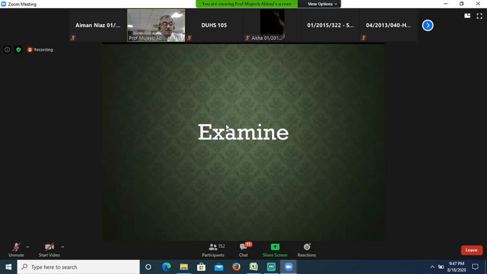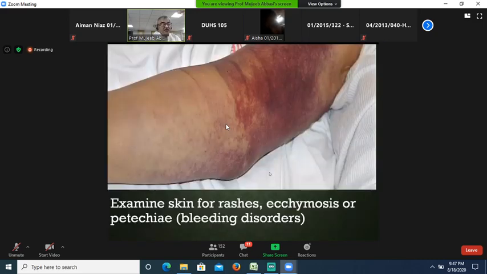Next, examine the skin for rashes, ecchymosis, or petechiae, which indicate a bleeding disorder. If somebody has this, there will be evident petechiae or ecchymosis. Or if somebody has trauma, there will be evidence, such as on the forearm.